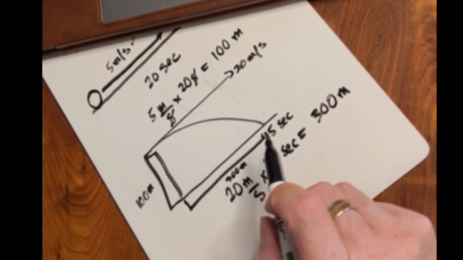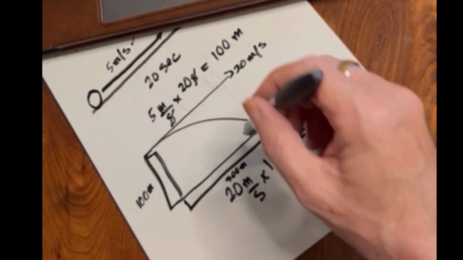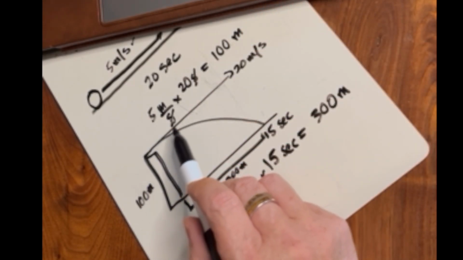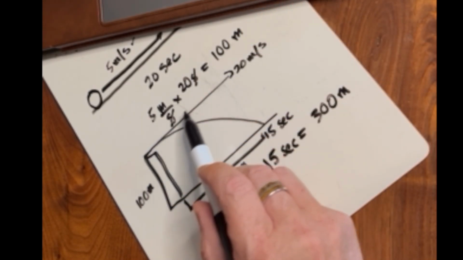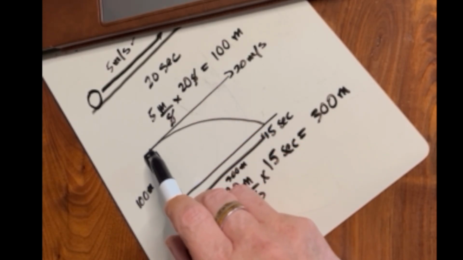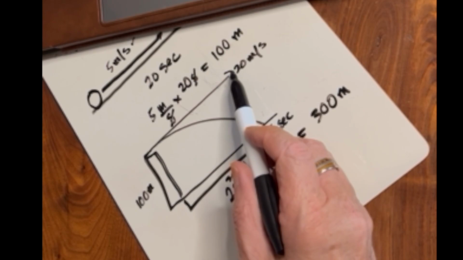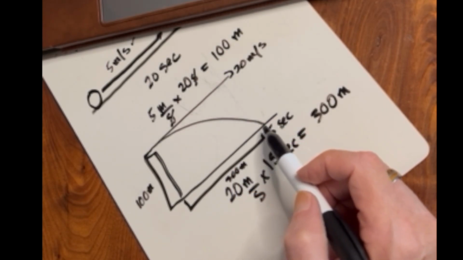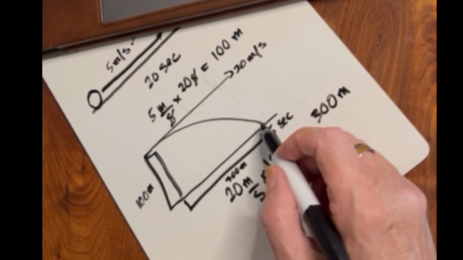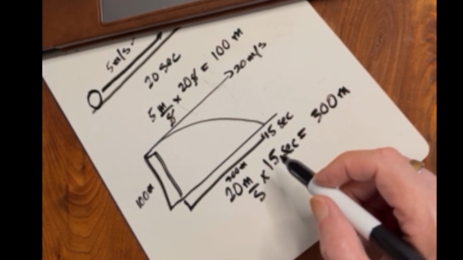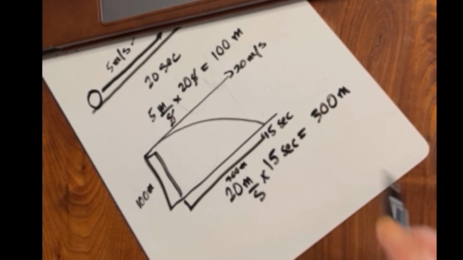Now the reason for that is that even though the ball is falling down, that doesn't have any effect on the component of motion that's going in this direction. The ball will continue to move away from its launch point at 20 meters per second until it hits the ground. It doesn't care if it's coming down or if it's floating up in the air. As long as it's still going that 20 meters in that direction, that's how far it'll go in 15 seconds.